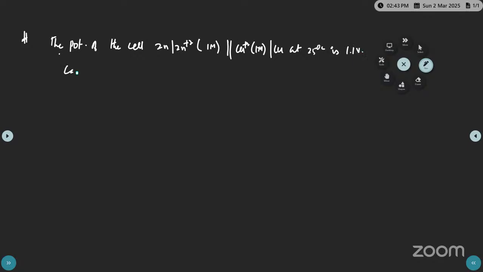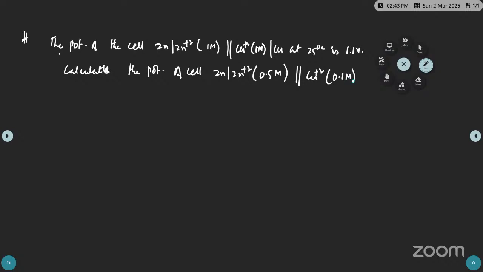Calculate the potential of the cell, that is Zn, Zn plus 2, 0.5 M, salt bridge, Cu plus 2, and its concentration is 0.1 M, and Cu, at the same temperature.